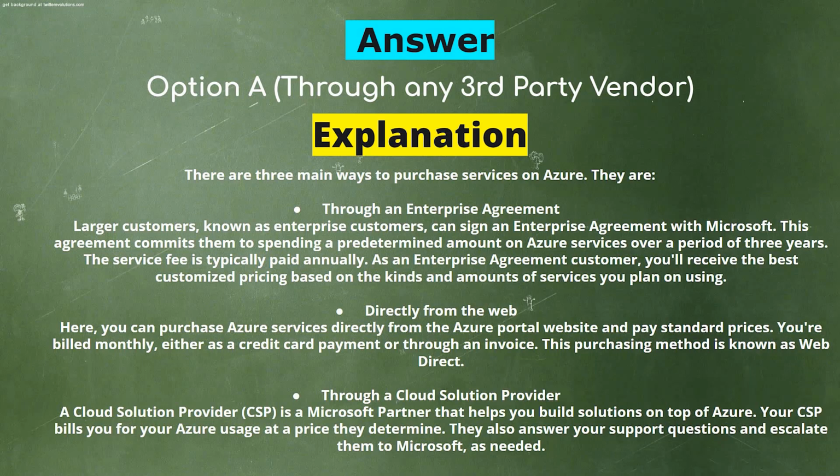Number 3, through a cloud solution provider. A cloud solution provider, CSP, is a Microsoft partner that helps you build solutions on top of Azure. Your CSP bills you for your Azure uses at a price they determine. They also answer your support questions and escalate them to Microsoft as needed.